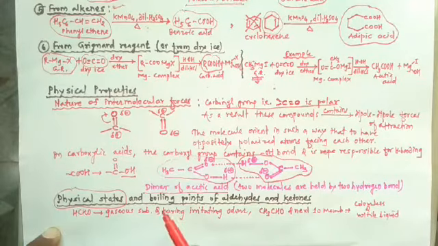As the size of the molecule increases, the odor becomes less pungent. The first members have an irritating or pungent odor, but as the size of the molecule increases, the odor becomes less pungent and more fragrant. That's why higher aldehydes have a pleasant odor.